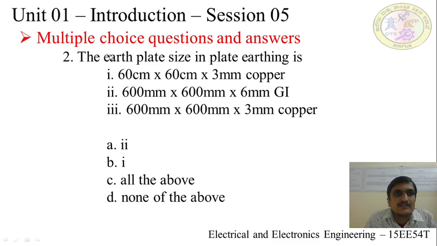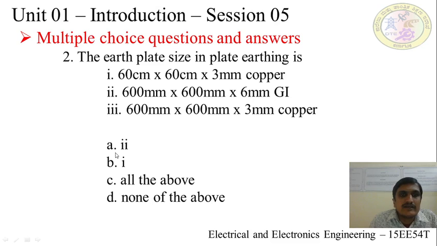Next, second question, the earth plate size in plate earthing is 60 centimeter into 60 centimeter into 3 mm copper, 600 mm into 600 mm into 6 mm galvanized iron, 600 mm into 600 mm into 3 mm copper. What is the size of the plate?